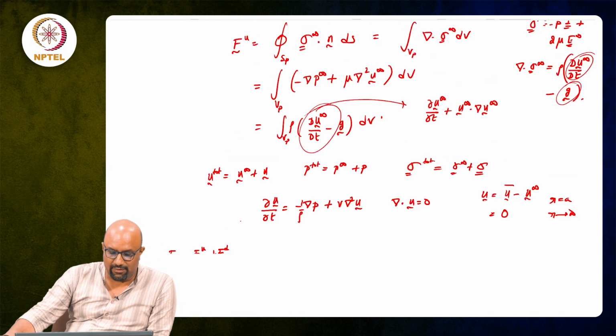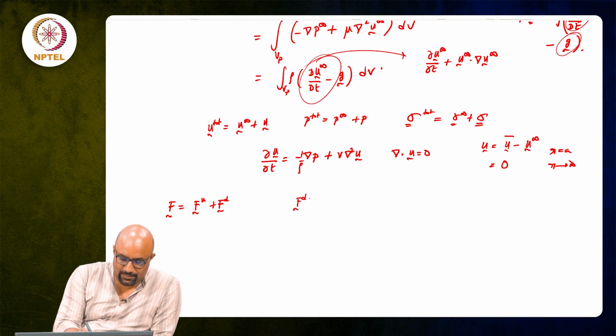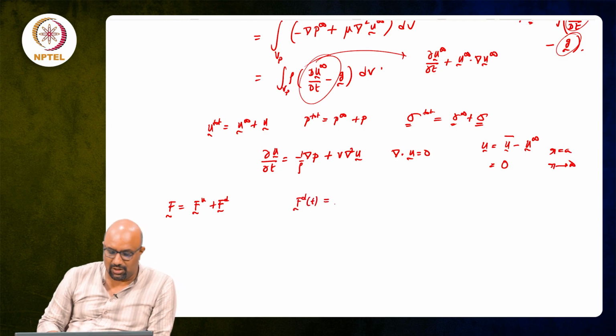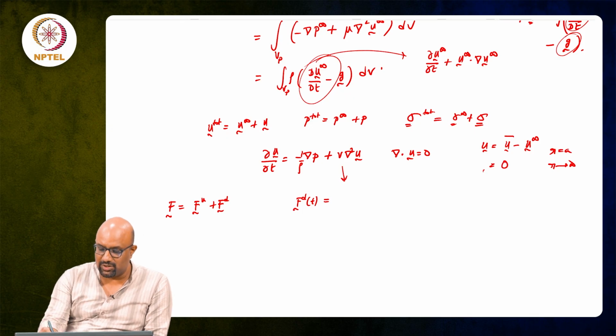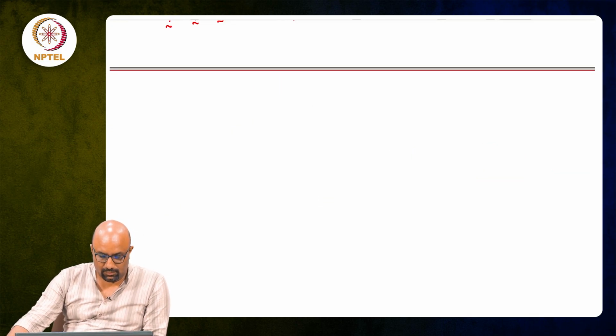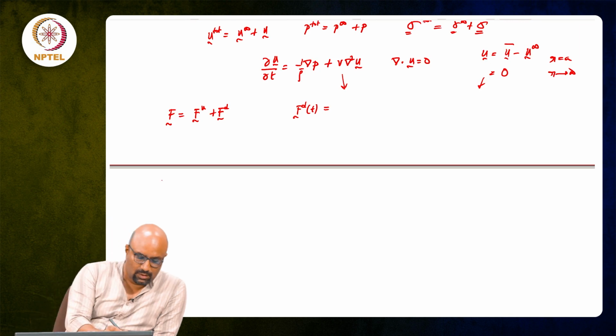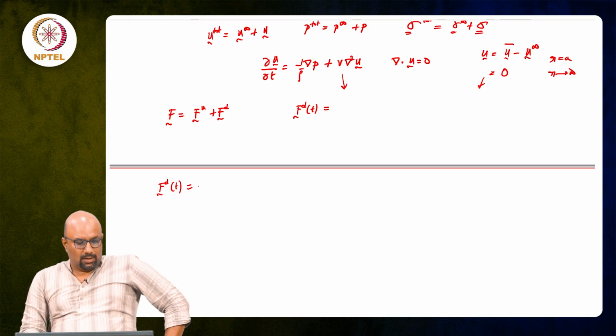We have already evaluated what the undisturbed force is. The disturbance as a function of time is what we need to compute from the unsteady Stokes equation subject to these boundary conditions. So what should be the contribution from the disturbance?